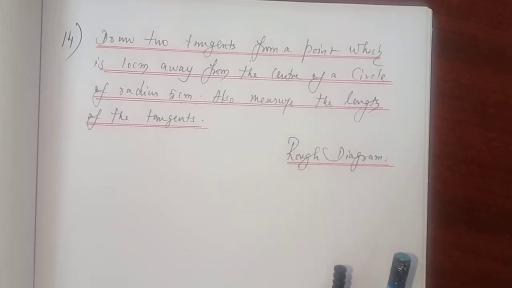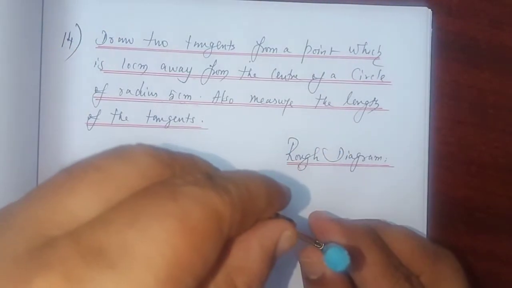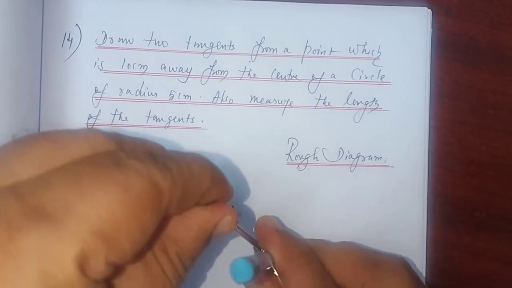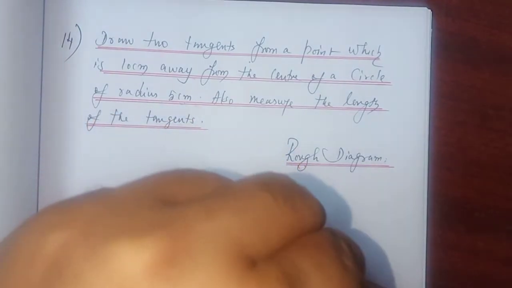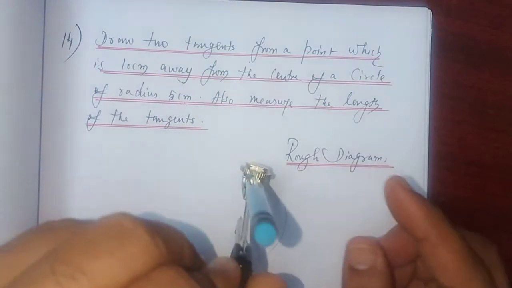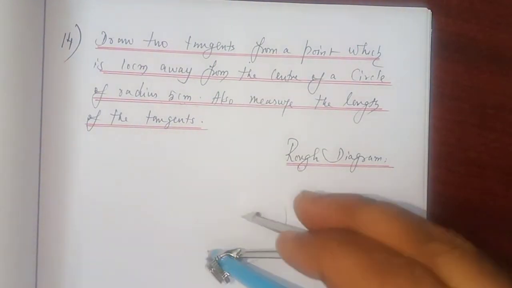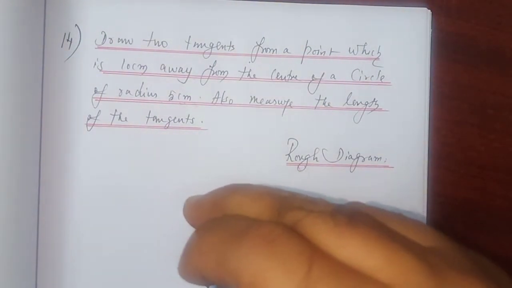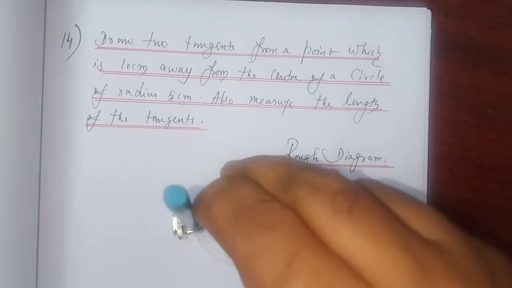Here is the question number 14. First we can draw a rough diagram. Draw a circle. Since it is a rough diagram, any radius, draw a circle.